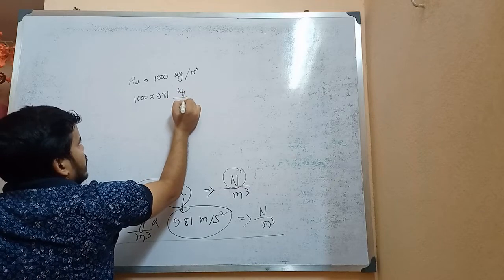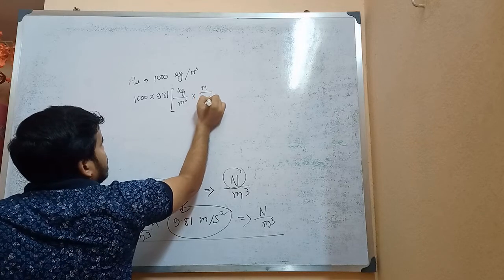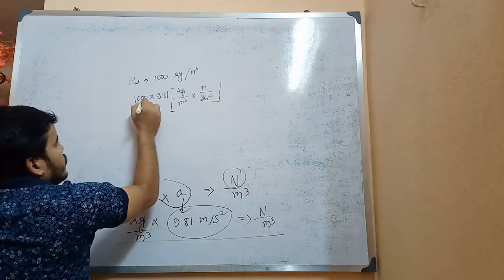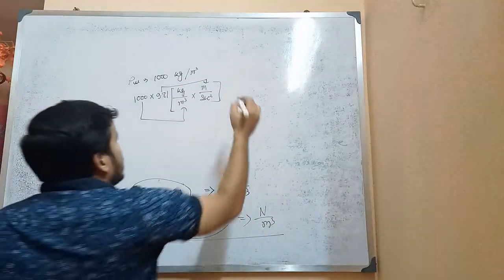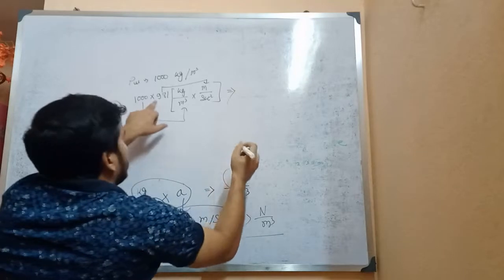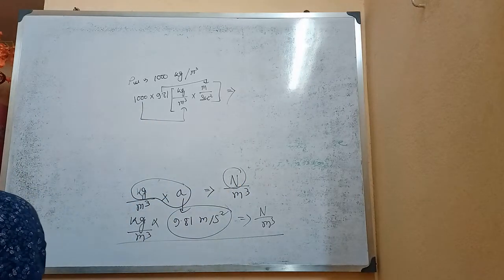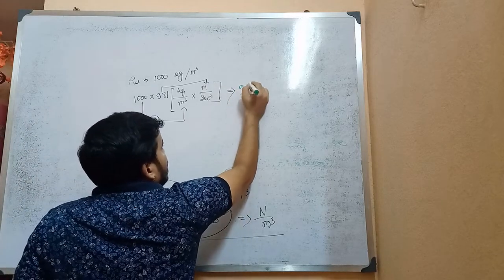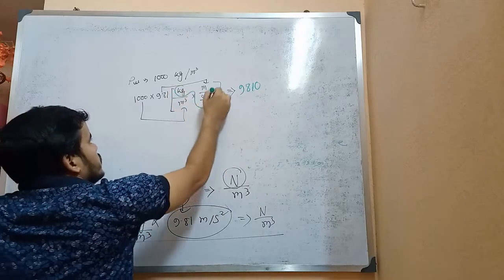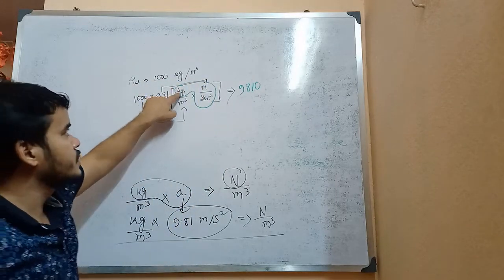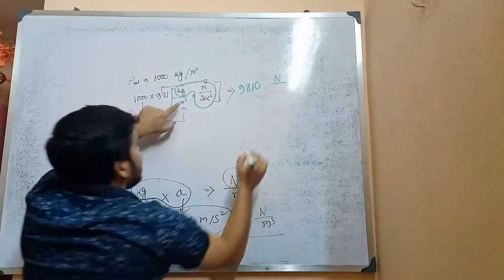Kg per meter cube for this term, 9.81 meter per second square for this term. So equals to 9810 kg meter per second square. Mass into acceleration equals to Newton by meter cube.